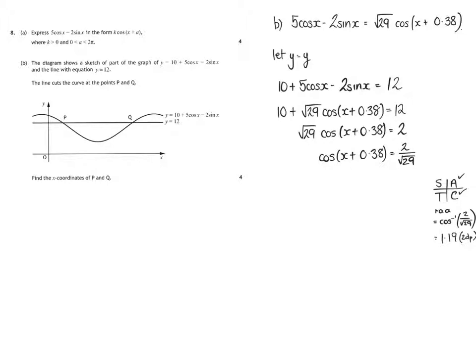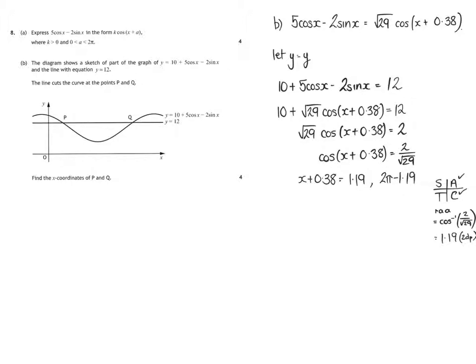Okay, so that gives us then x plus 0.38 is going to be equal to 1.19, and is also going to be equal to 2 pi take away 1.19.